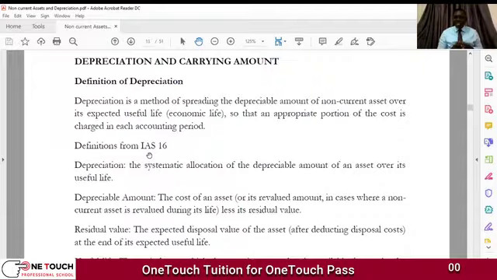You can't go and buy a plant, say 1 million, and say that you are recognizing that as an expense. No, it's a huge capital expenditure, and therefore needs to be spread over the useful life of that asset. Good.